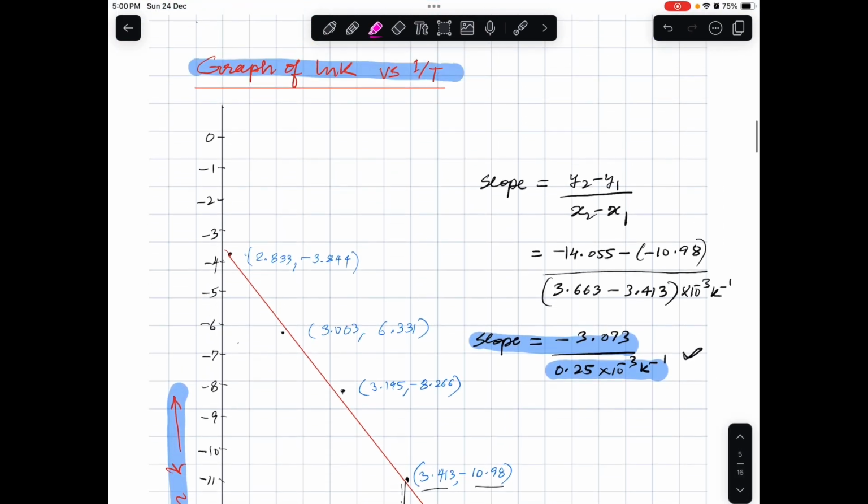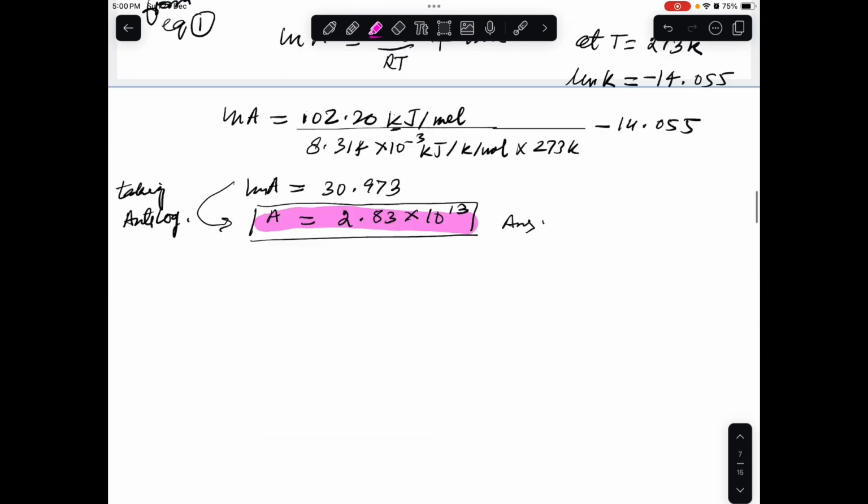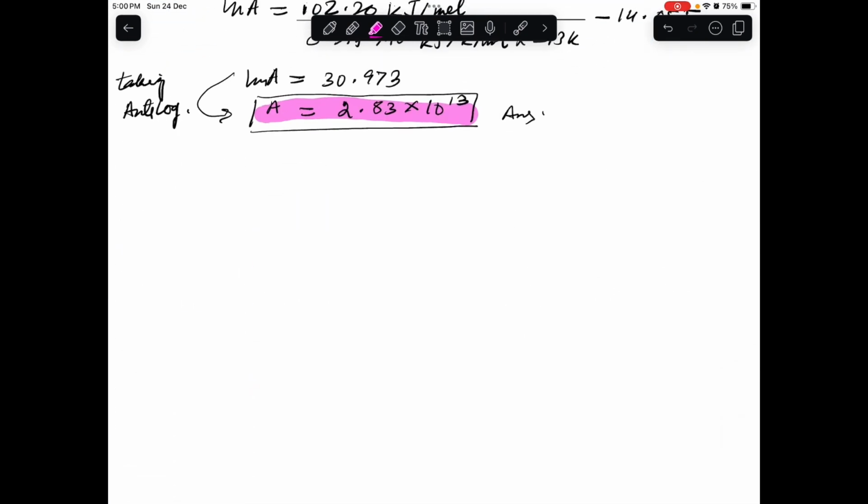For this, we will be taking help of the graph. The value of rate constant K at two different temperatures.